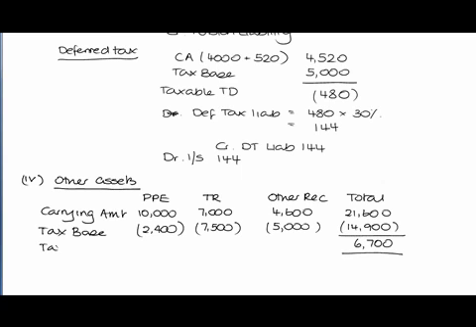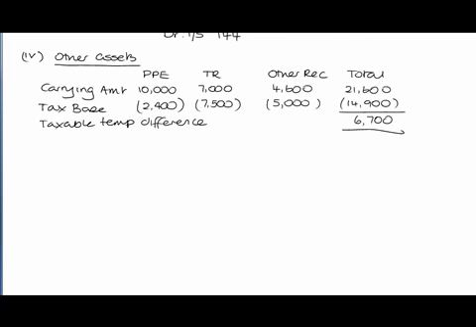So we have a taxable temporary difference of 6.7 million.